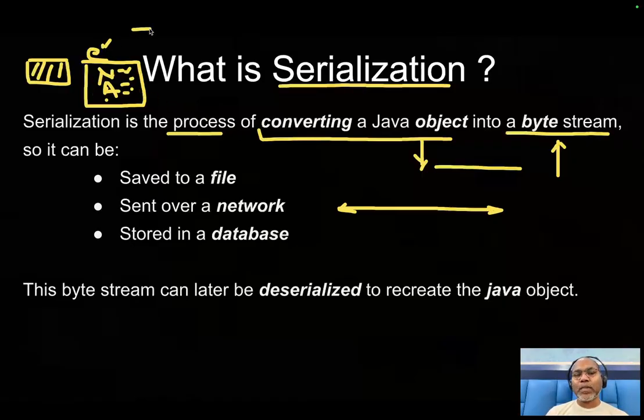That means the class name, the attribute names, the data types, and the access modifiers, everything is maintained, so that during the deserialization process, the JVM can very easily convert it again to the Java object.